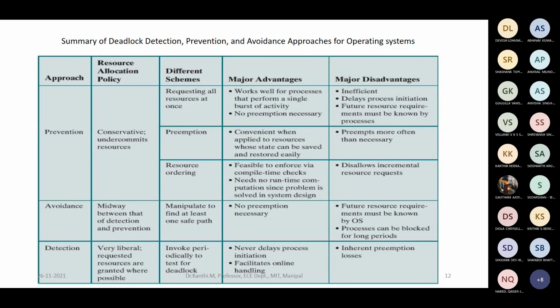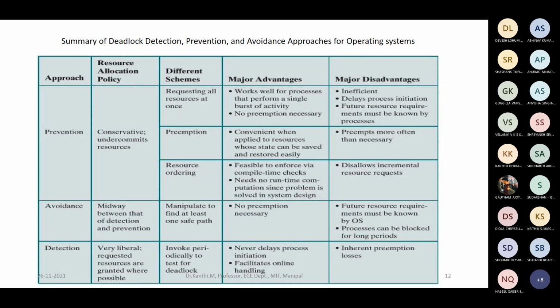In avoidance, the different schemes include manipulating to find at least one safe path, so that you won't get any deadlock. A path through which there need not be any possibility of deadlock. You try to avoid it.